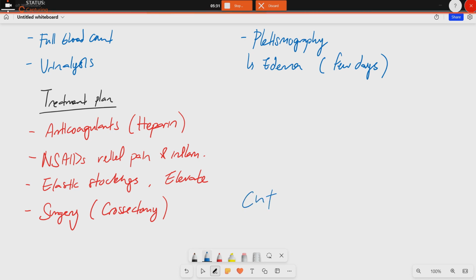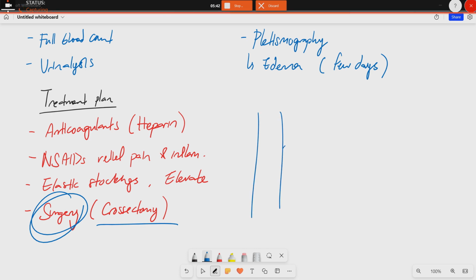For crossectomy, we ligate the peripheral vein from the central vein to prevent the thrombus from the peripheral vascular system from growing into the central venous system. And this will prevent any further complications of thromboembolism.